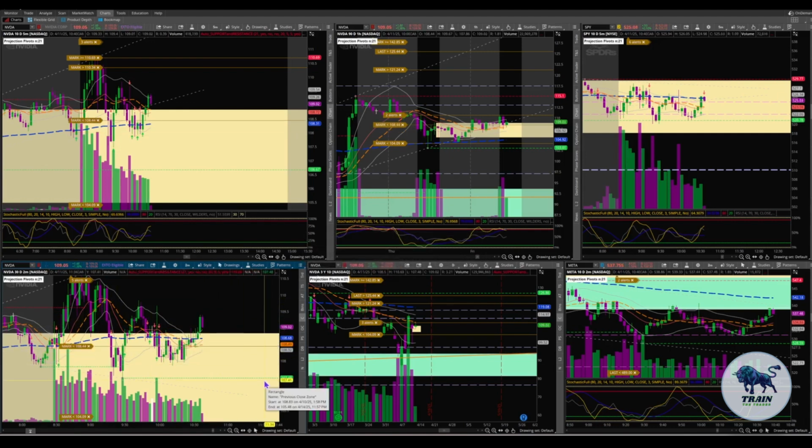So this is how you manage trades. If you do this properly, this is how you prevent the market from absolutely wiping you out. You could be in a position that's going the right way, but you always want to make sure that you're protecting yourself, especially on 0-day contracts. I can't stress that enough.